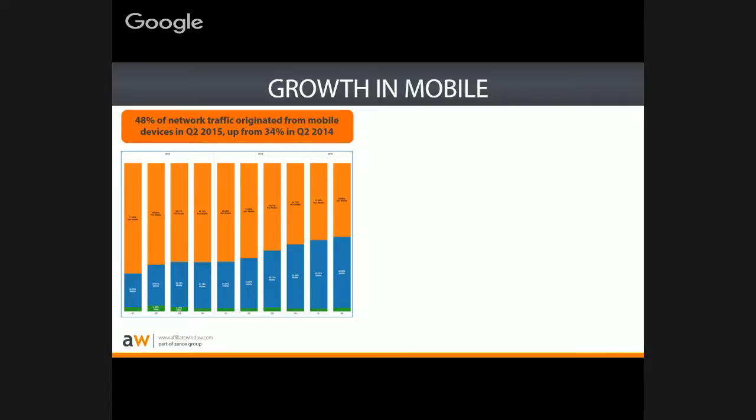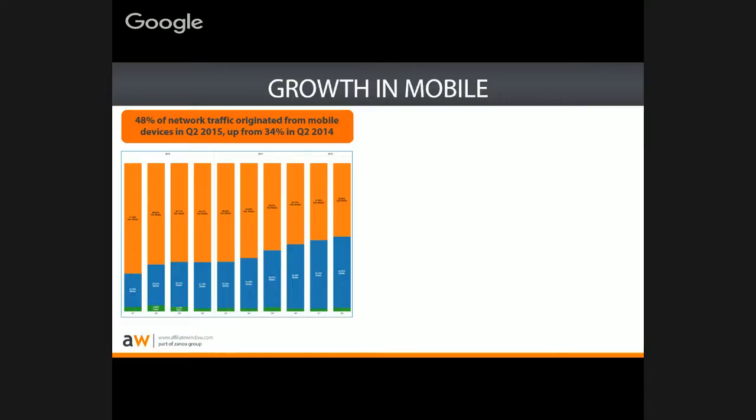Almost 50% of Affiliate Window traffic originated from mobile devices during Q2 2015, which is hugely significant. We publish a lot of mobile stats and mobile data on the network, because we wanted everybody, ourselves, our clients, our publishers, to track the development and growth in mobile usage over time.